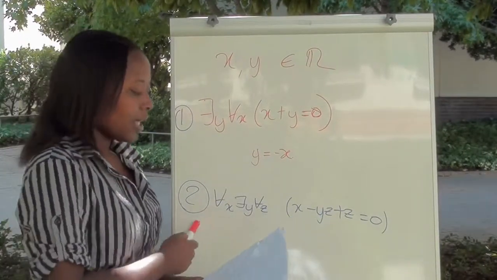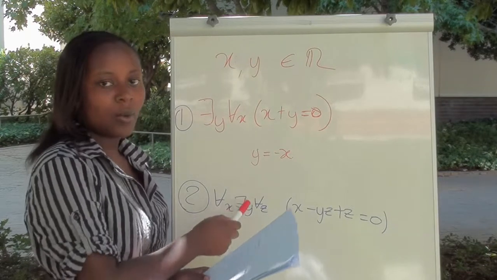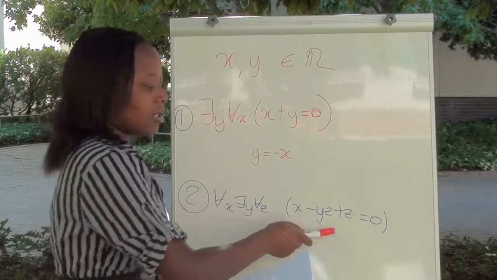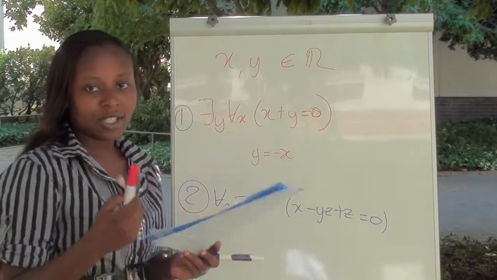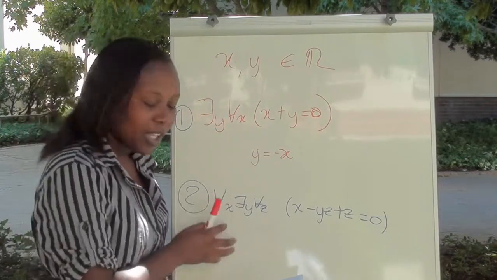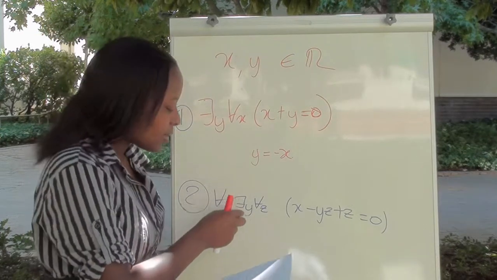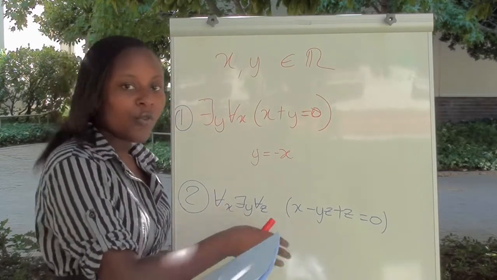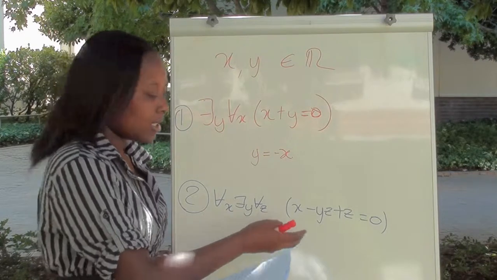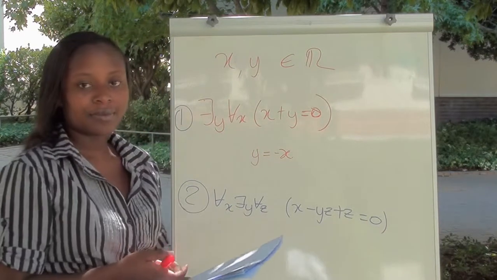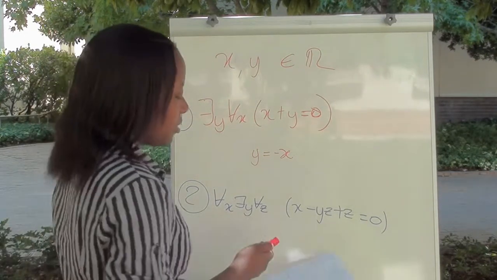So this is saying, for any x that I choose, there exists a y for all z, such that this holds. I'll say that slowly. For any x that I can choose, which is this part, right, there is a specific y for any z, such that this will hold. Let's think about that.